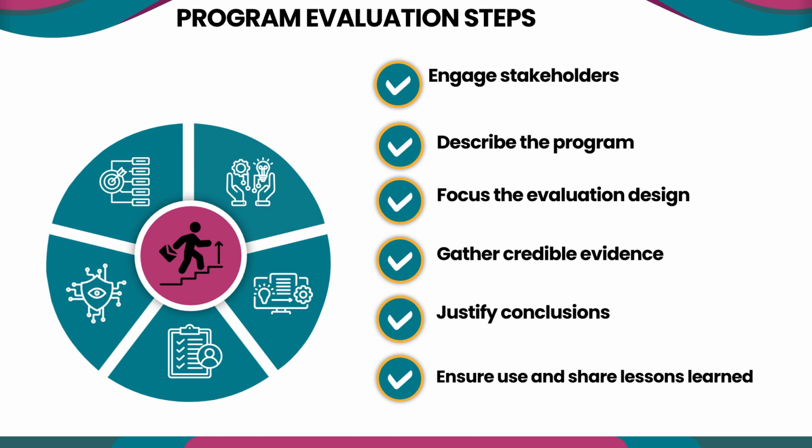So now we've described the program, we focus on the evaluation design, we've used that design to gather credible evidence. Now we have this evidence, we want to justify the conclusions. Conclusions become justified when they are linked to the evidence gathered and judged against agreed upon values set by the stakeholders. Stakeholders must agree that conclusions are justified in order to use the evaluation results with confidence.